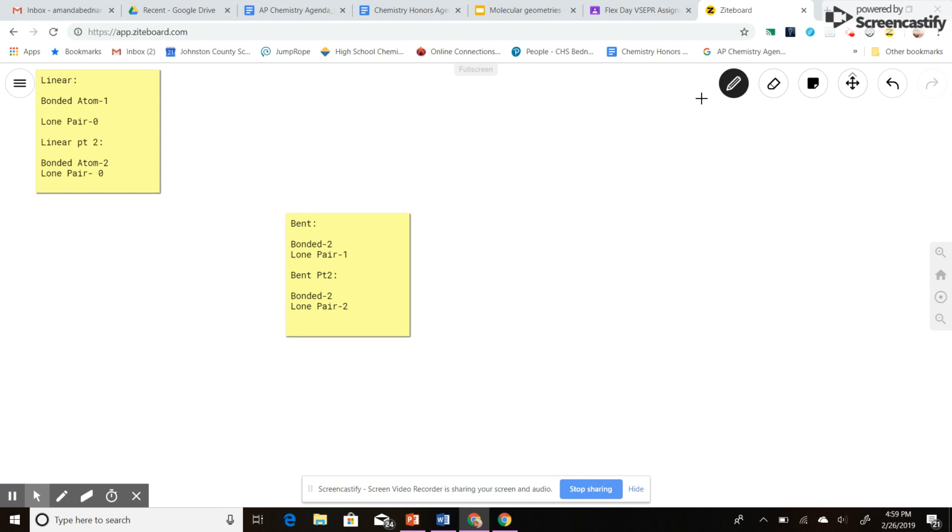All right, so for our first example of bent with two bonded atoms and one lone pair, I'm going to use SiCl2, so silicon dichloride. So here, Si is going to be our central atom. And then coming off of that, we're going to have two chlorines. Silicon is in group 14, meaning it only has 4 valence electrons.